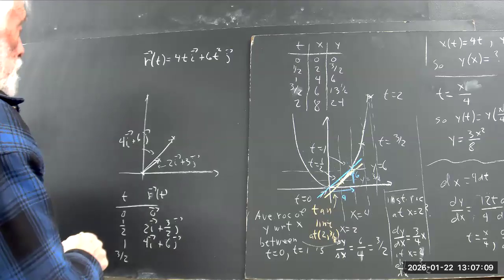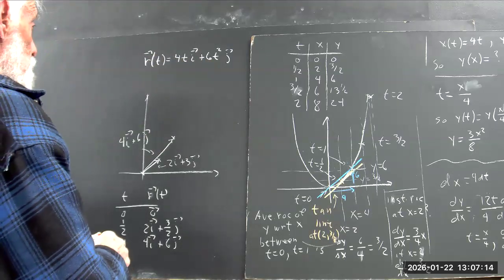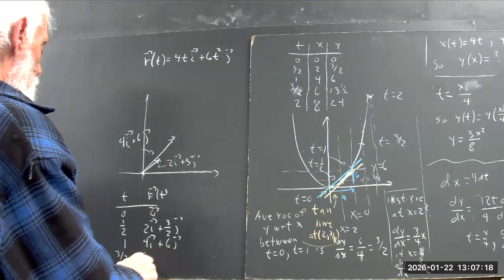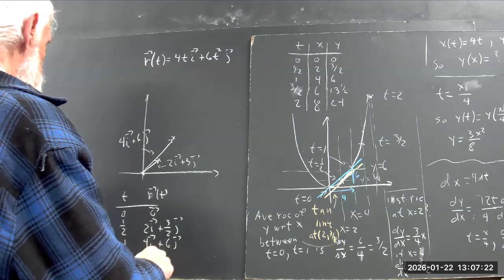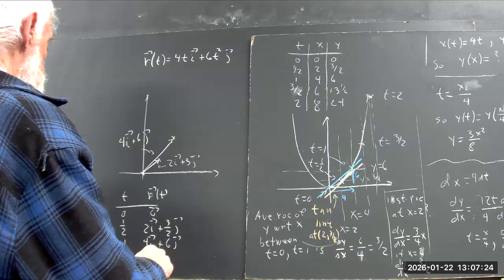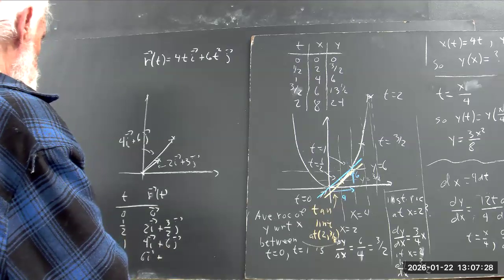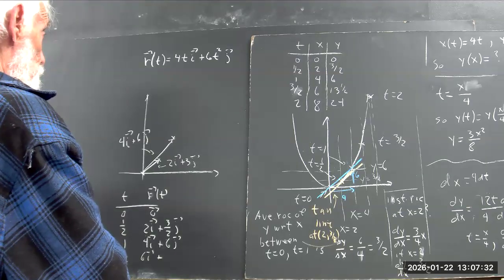At t equals 3/2, we plug in 3/2, we get 6i plus... something wrong with my previous calculation. 3/2 squared is 9/4.